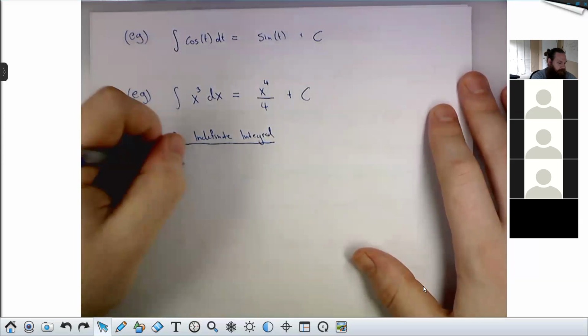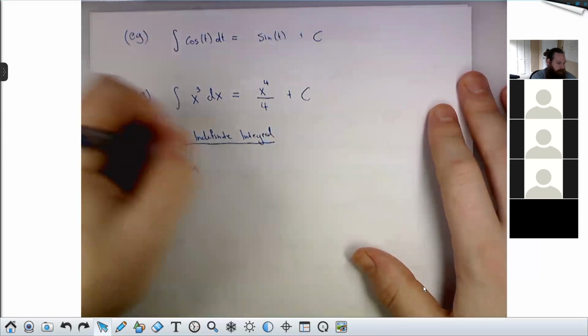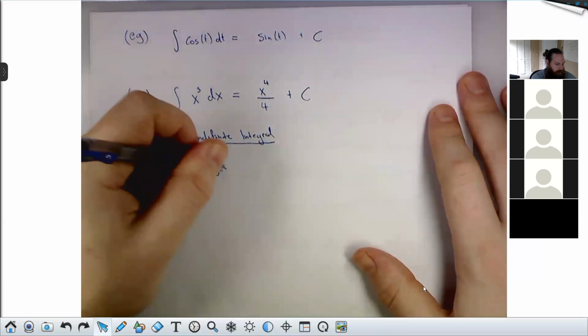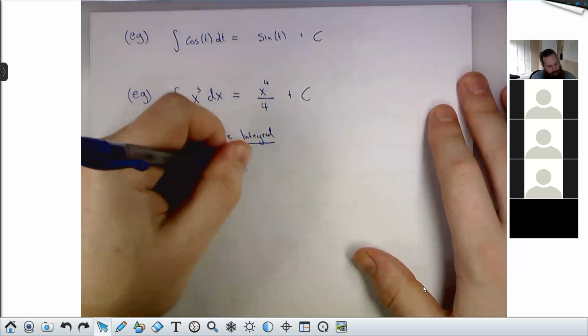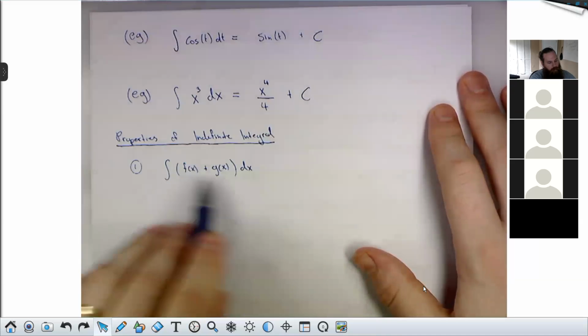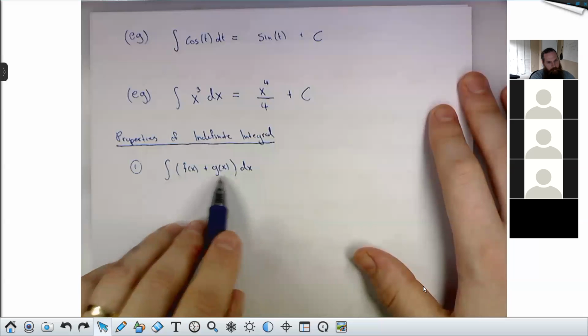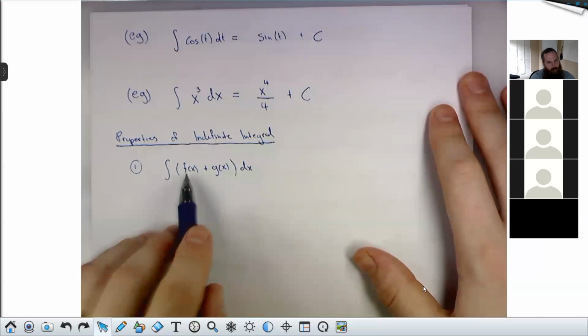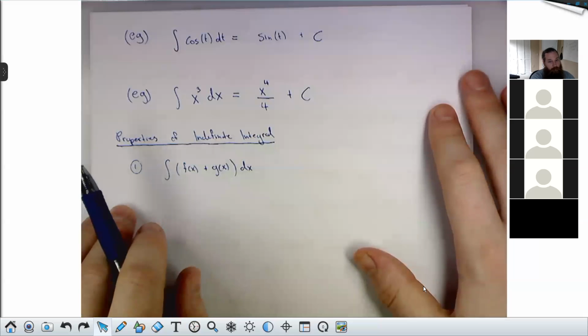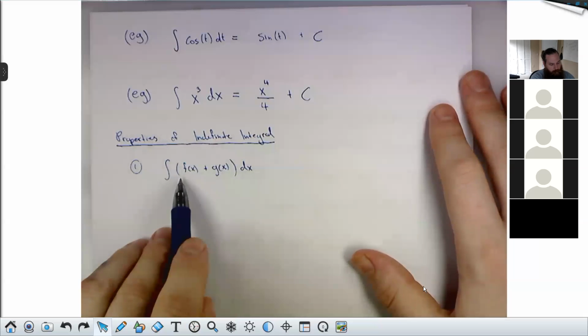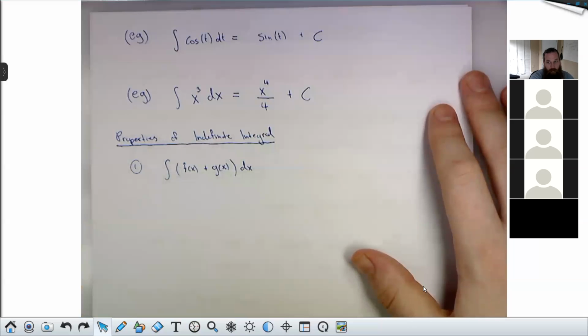So if you have the indefinite integral of f of x plus g of x dx, and remember you should always write things like this with parentheses around the whole integrand. This dx should be multiplying both of these. When we get to the section on substitution, that's going to be very important. So you need to get in the habit of putting your whole integrand in parentheses, even though some things you may see online don't do that, even though sometimes the textbook is bad about it. You need to do it.